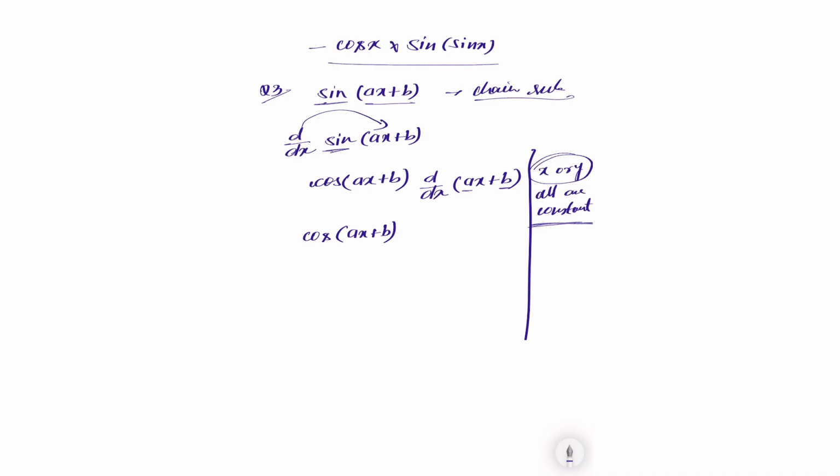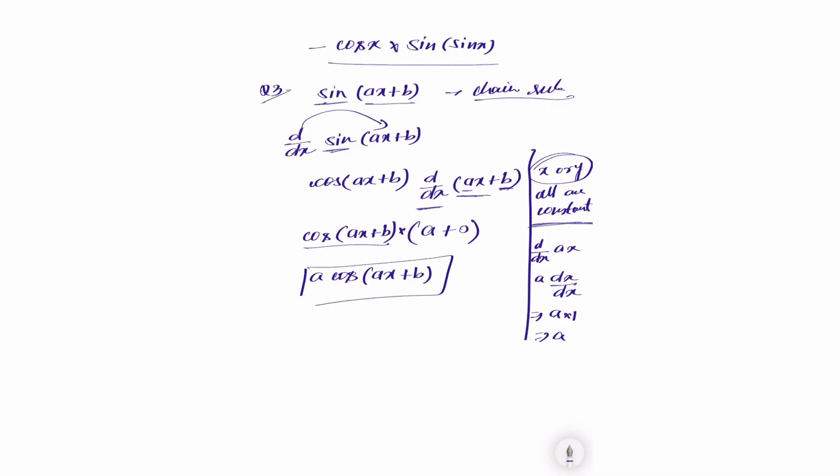Now if you apply the differentiation here, d/dx of a into x, a will come outside, it will become dx by dx. Automatically the answer will be a into 1, that is a. So d/dx of ax will become a, plus b is a constant number, so d/dx of b is 0. Now since a is multiplied with this function, a will come out: a cos(ax plus b). This is the final answer.